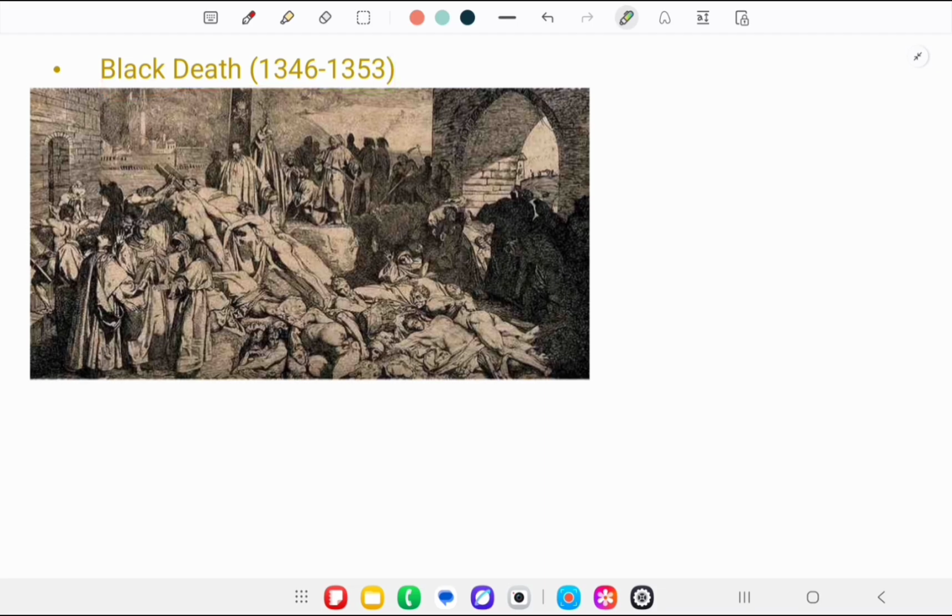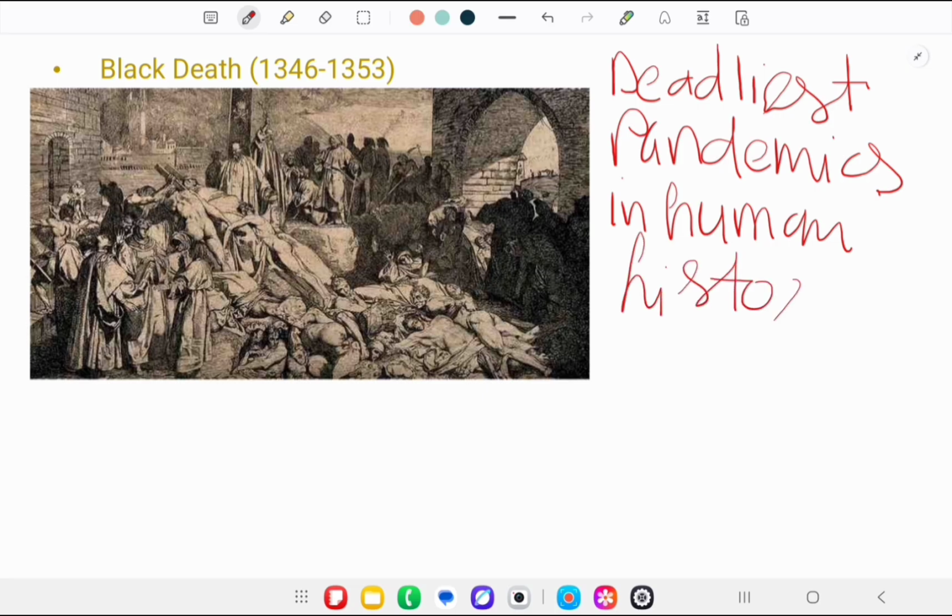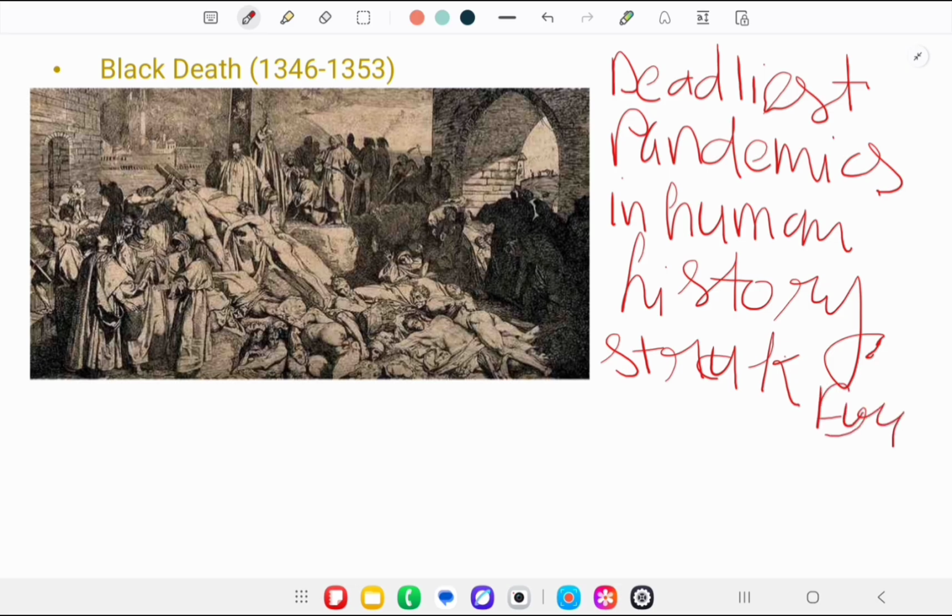The Black Death, one of the deadliest pandemics in human society history, struck Europe in 1346 and spread broadly till 1353.